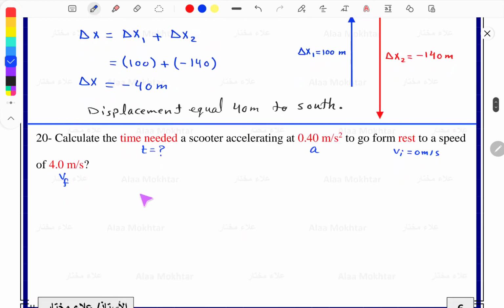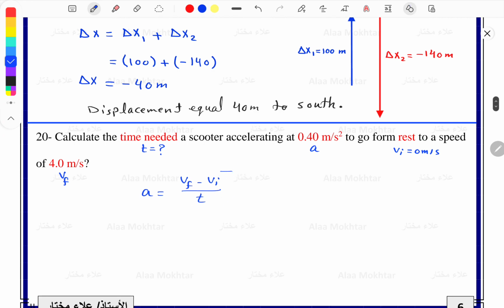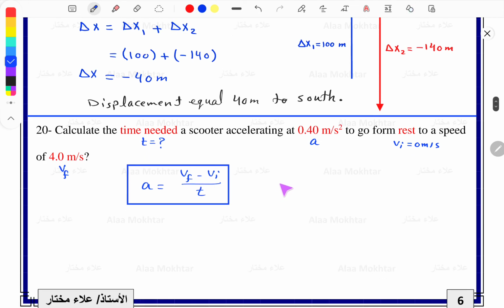It's very easy. Acceleration equals V final minus V initial divided by time. If you remember this equation, it will be good. If you do not remember this equation, you can remember this: V final equals V initial plus AT. This is the same as this equation. Both equations are the same.